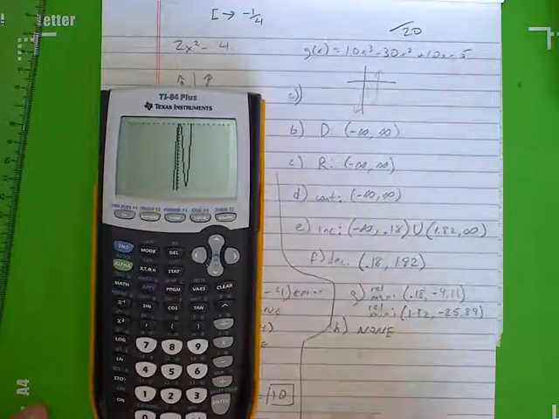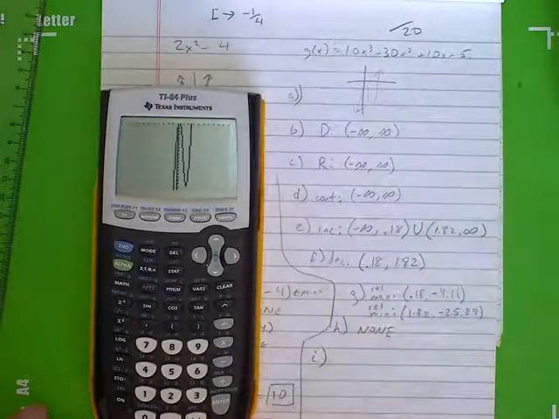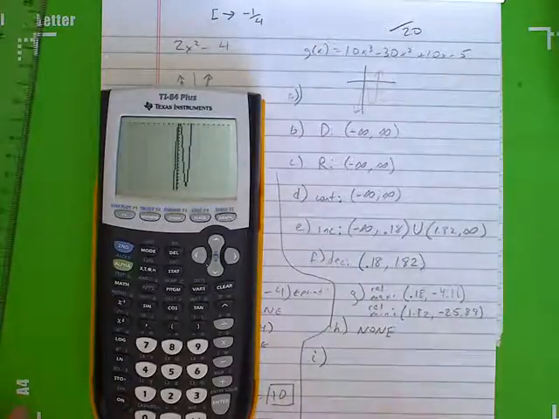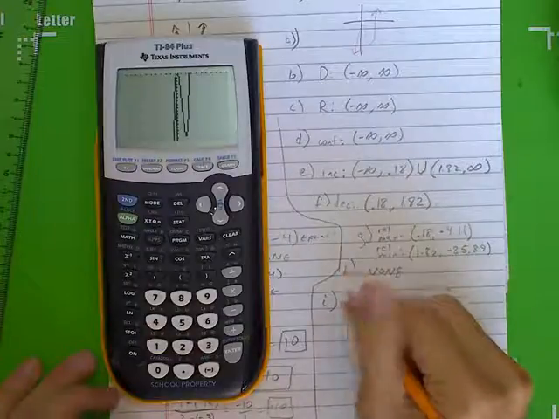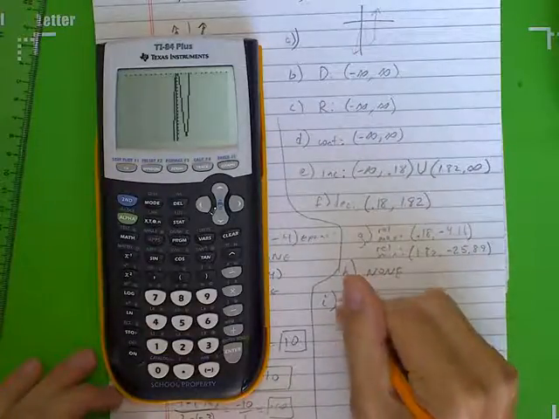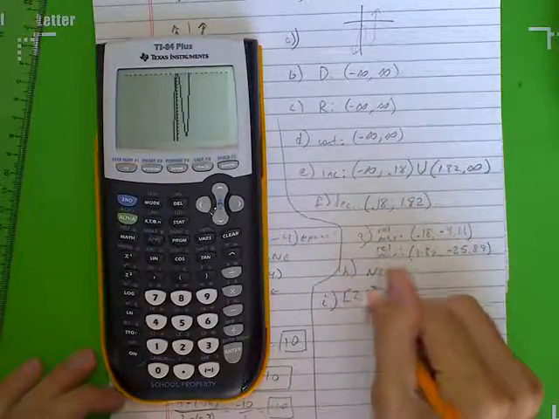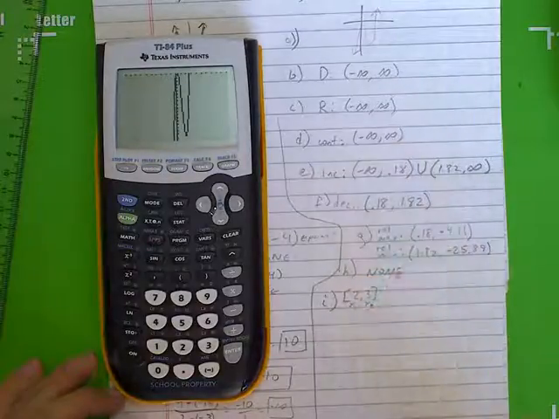Okay. Now we get to the part where we calculate slopes. So first I have an interval from 2 to 3. And again, these are my x values, x1 and x2.